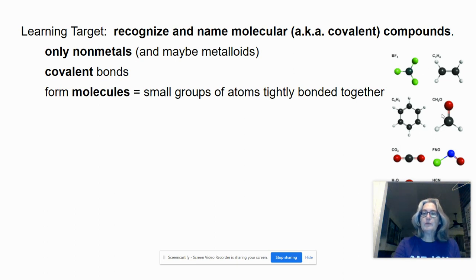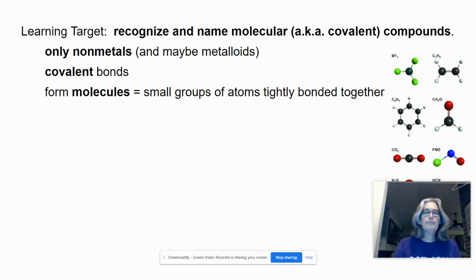Small groups of atoms. They're using different colors to represent different elements in this representation. And in a minute, I'll show you some more pictures of different ways that chemists represent molecules. Now, recall that in ionic compounds, there are two ions, always two ions, one positive, one negative, and there's only one way that you can combine those two ions to make a neutral compound.